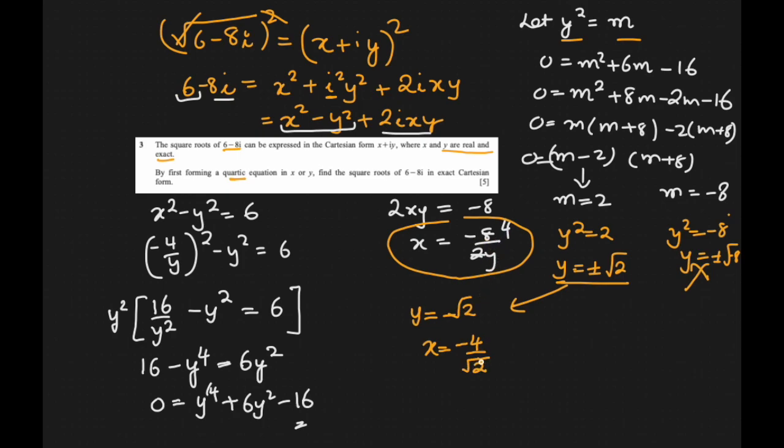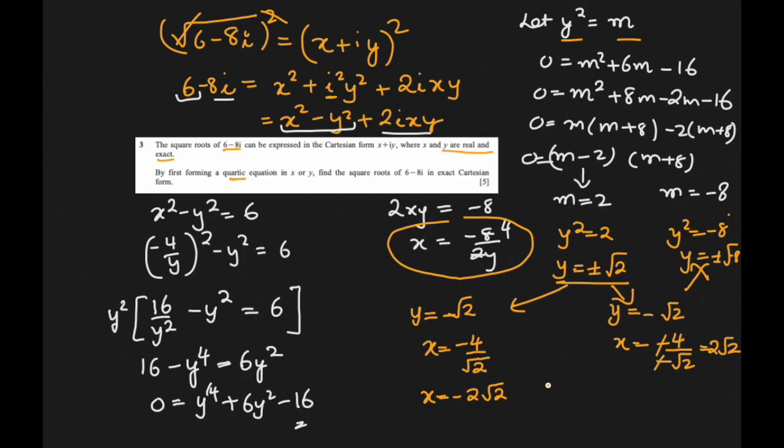You can divide by using a calculator, but I will get minus 2 square root 2, because 2 times 2 is 4, and one of the square root 2 is cancelled out. If y is negative, y equal to negative square root 2, then x will be negative 4 over negative square root 2, which is positive 2 square root 2.